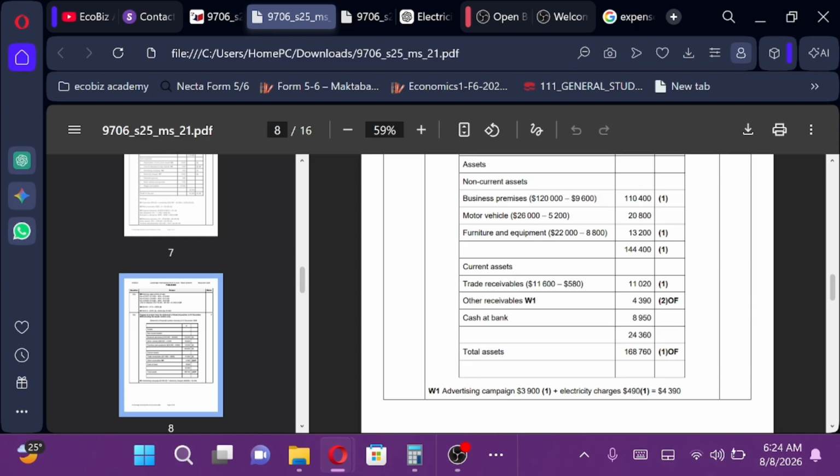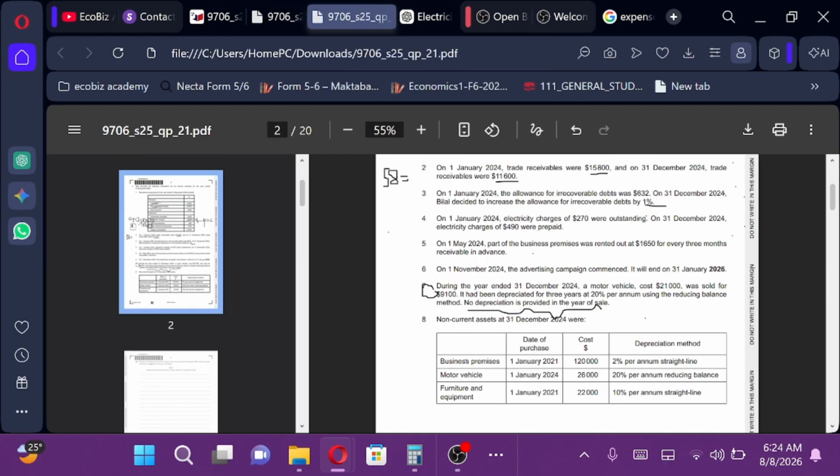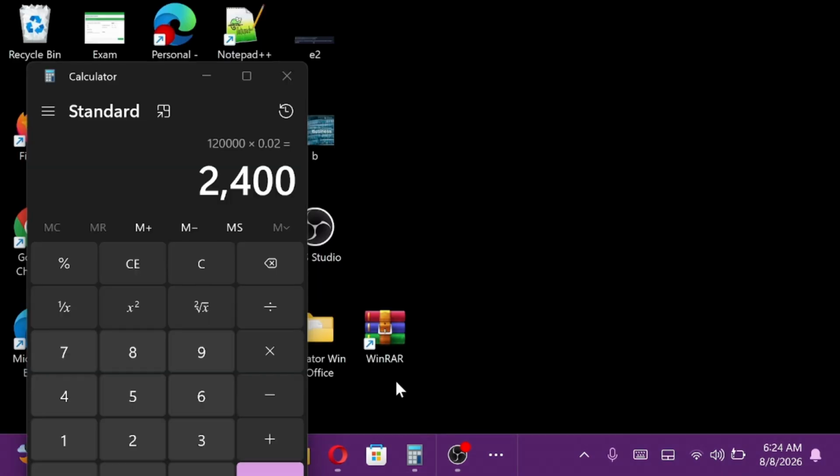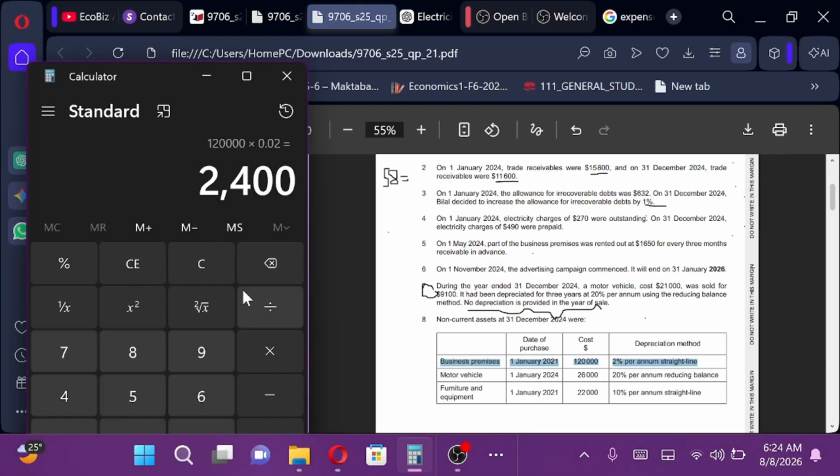So this amount right here, this is how we're going to get it. So first of all, you can see here that business premises, the price that was bought for was 120,000. Right?